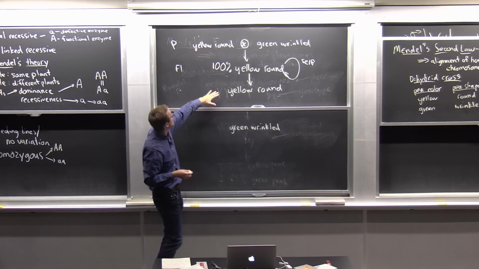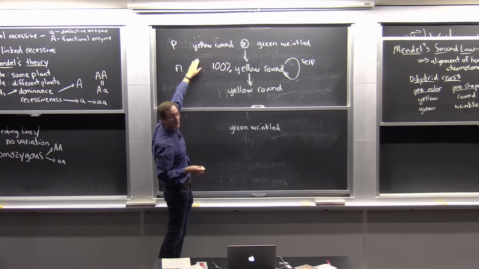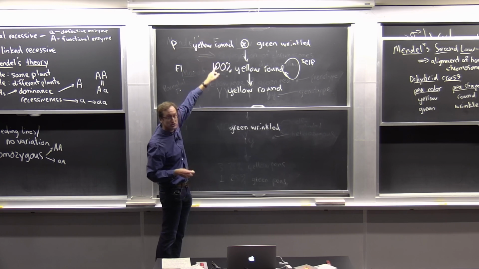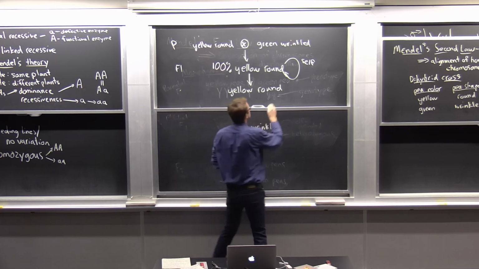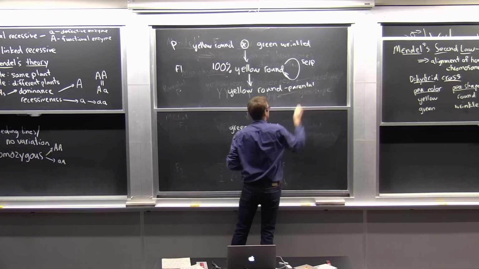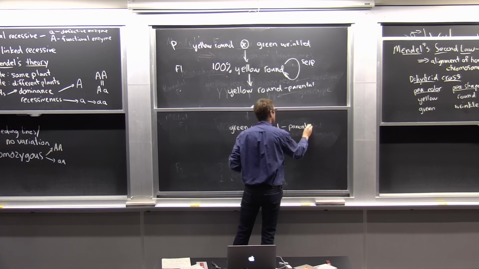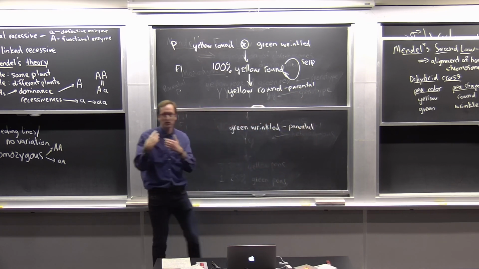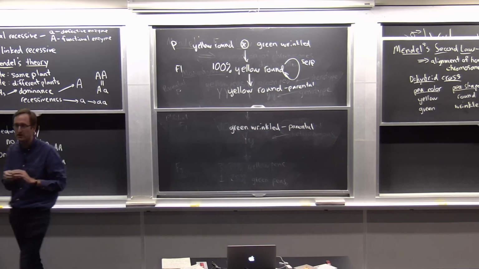Okay, because these were the same combination of traits that were present in at least one of the original parents, they are known as parentals. They have the same parental phenotype as one of the original parents.